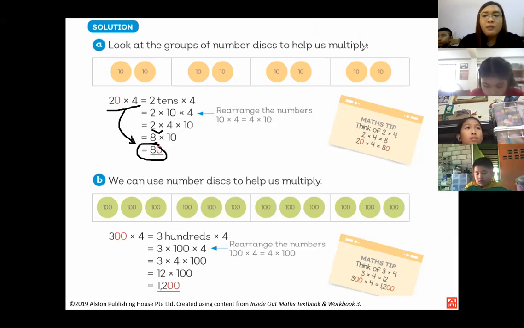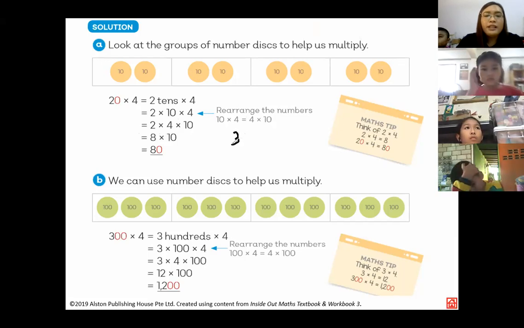All right, what about this one? I have 30 multiplied by 3.